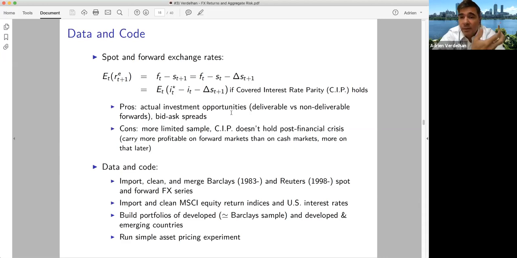And with this raw material, the code is going to import all that and build those currency portfolios, compute the currency excess returns from the perspective of US investors, and run a bunch of simple asset pricing experiments. Okay, so all that, Matteo and Stacy organized everything. It's on a web page. You're going to find everything.